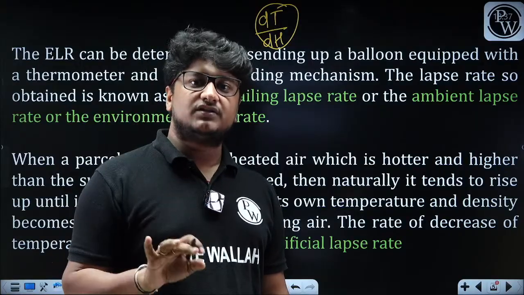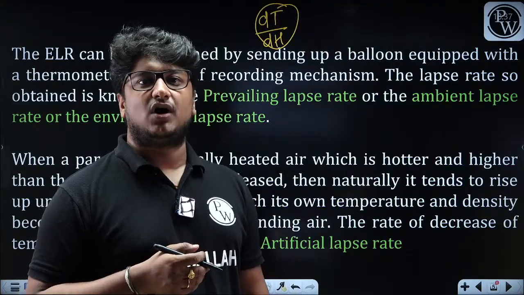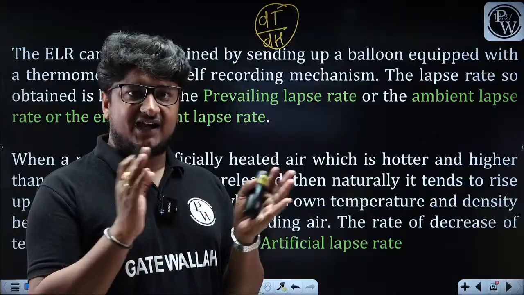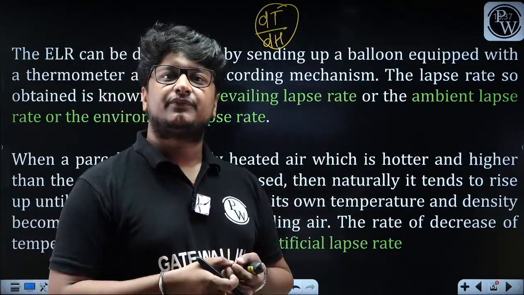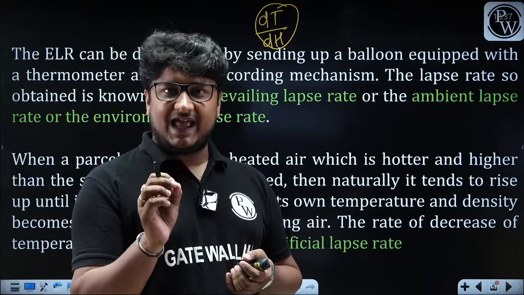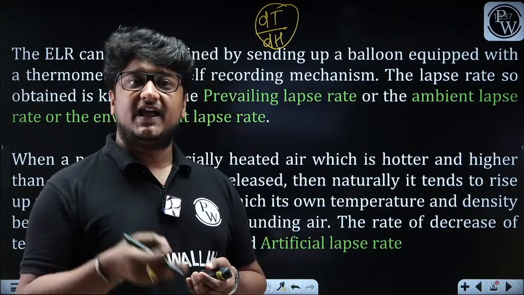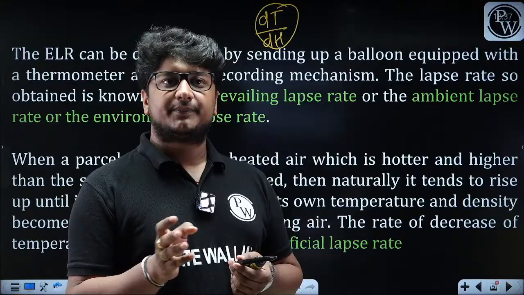Even in Mumbai, at a different time, like morning, whatever environmental lapse rate you got, you will not get the same in the evening, because the atmospheric stability, the atmospheric condition, will change from morning to evening. So environmental lapse rate is time specific and location specific, and it can change accordingly.